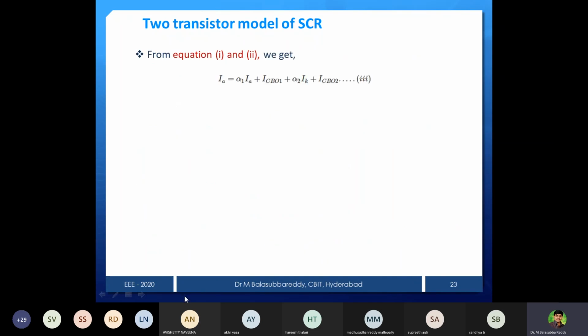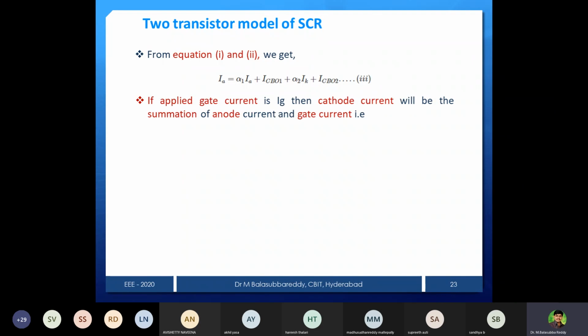Now there is IA equals alpha 1 into IA plus ICBO1 plus alpha 2 into IK, because that is the transistor 2 model, and you simplify it with the gate current, IG being the gate current. So you can simplify that IK as per our diagram. You can see there is a transistor, and this is IK.